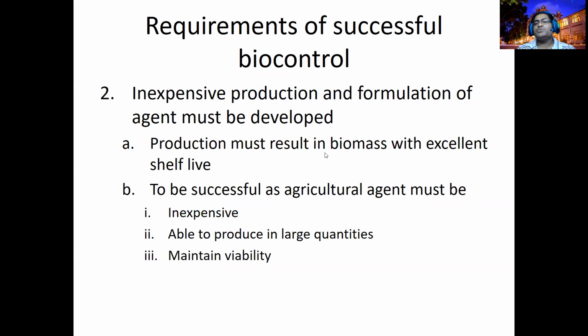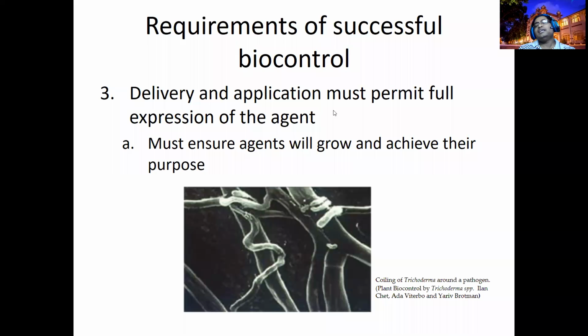The product must result in biomass with excellent shelf life. In any biomass, it should live well. If it is grown on waste material like Trichoderma, it is very easy, right? It is very easy. And delivery and application must permit full expression of the agents, right?